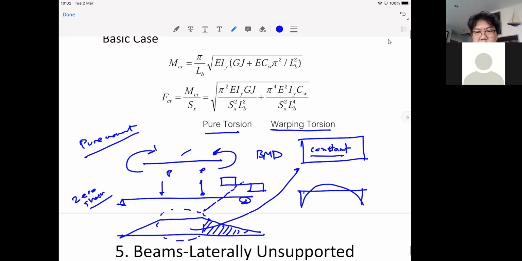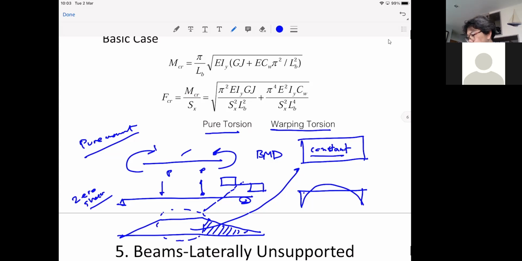So we need to consider the help from the bending moment that actually occurs on your beam as well, because whenever the bending moment on your beam becomes a non-constant value, your beam will be much harder to buckle.